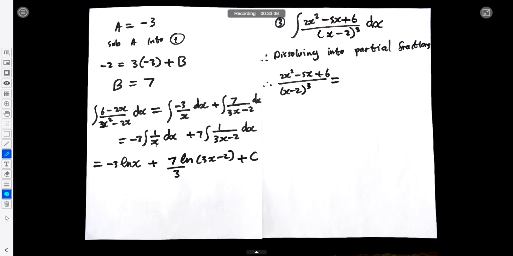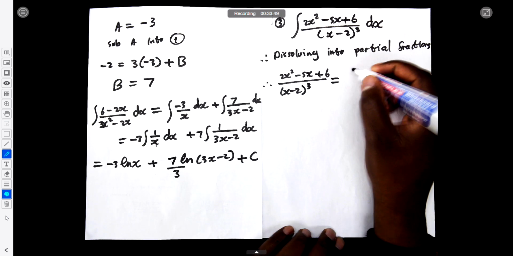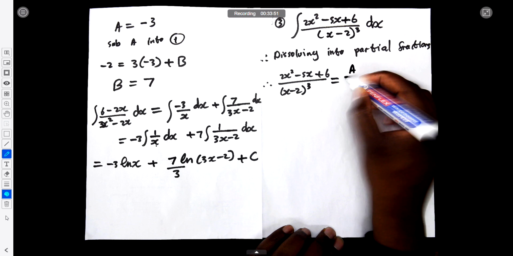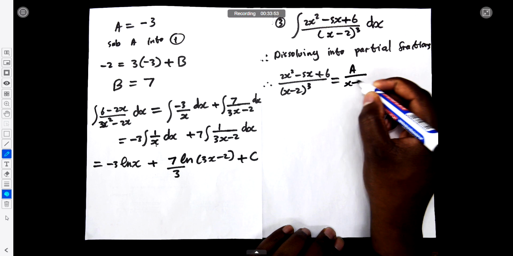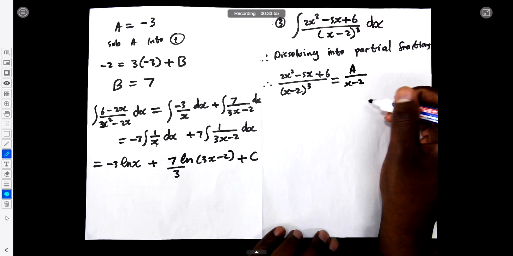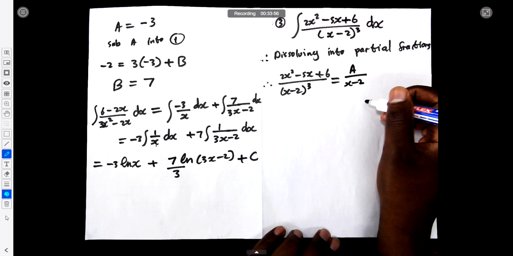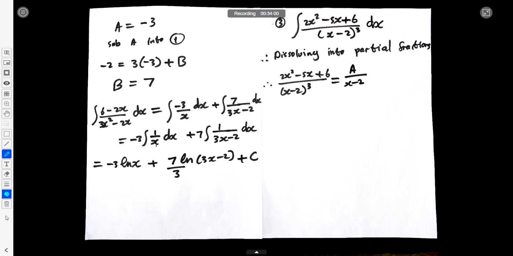As much as we see that we have a factor to the third bracket, which is x minus 2, we'll say that the first fraction will be a divided by the linear function x minus 2, all to the power 1.